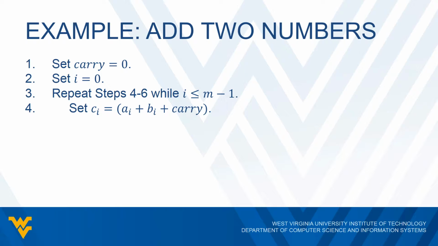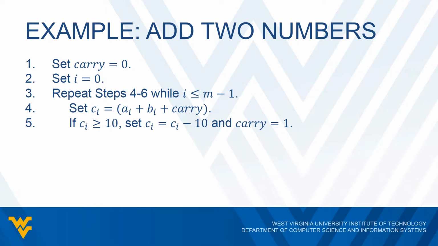And this value is going to be a_i plus b_i plus the carry value. We're just going to add the two digits plus the carry value, and store that in c_i. The next step is we're going to check to see whether that sum in c_i is greater than or equal to 10. If so, that means we need to split our value so that one part of it gets moved over to the next place in our addition.